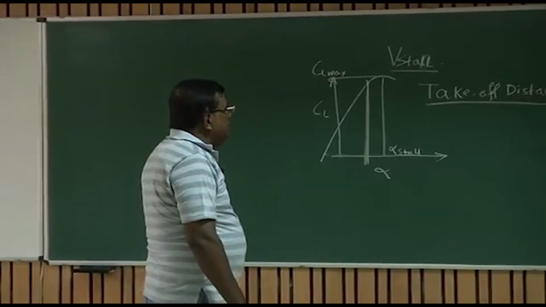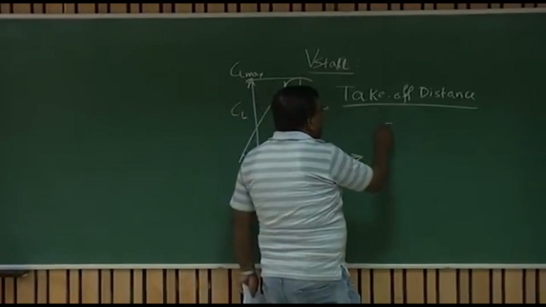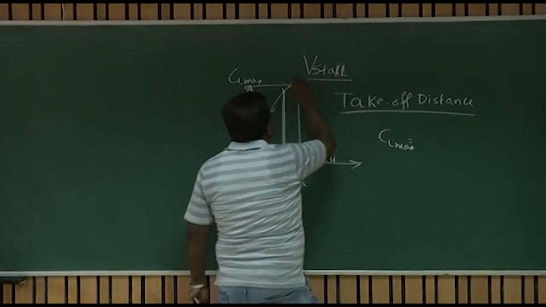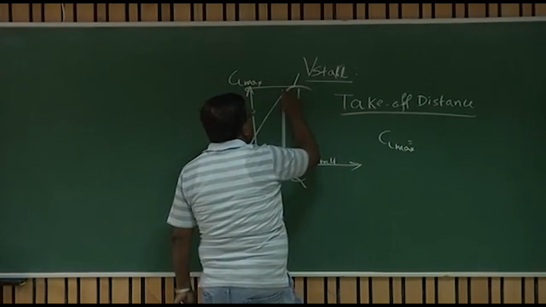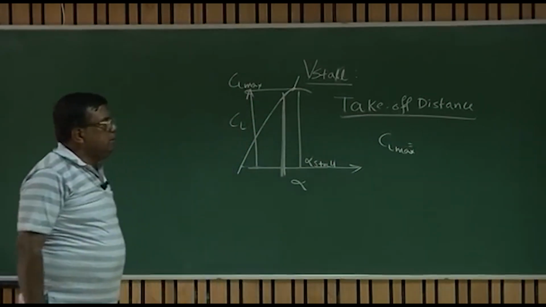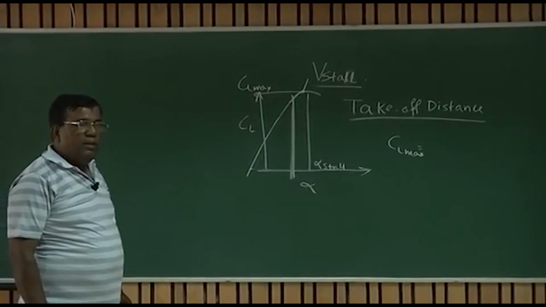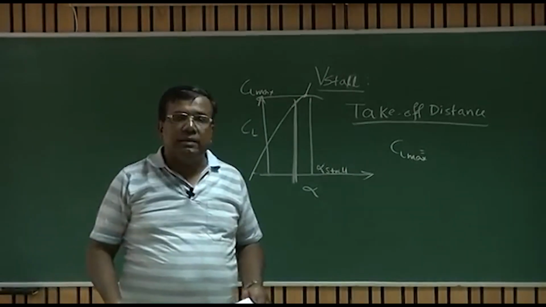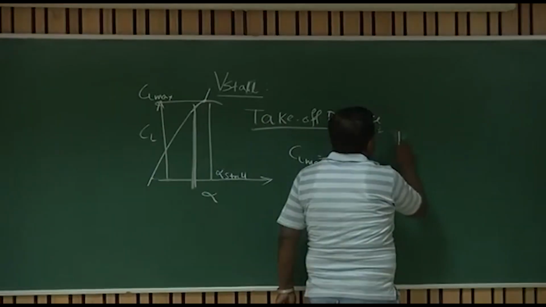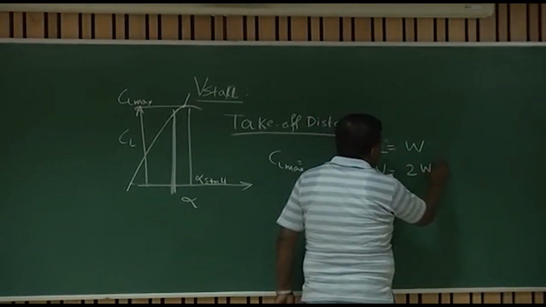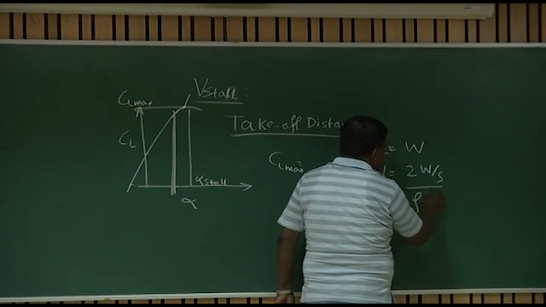And theoretically speaking, we say CL max, which is this point, the maximum CL we are getting here. If I could somehow theoretically get CL max very large, then the Vstall will be less. Why? Because we know lift equals weight, so V equals the square root of 2 W by S rho CL.